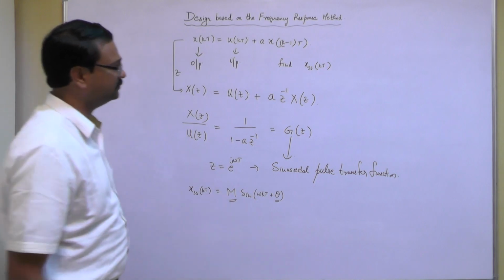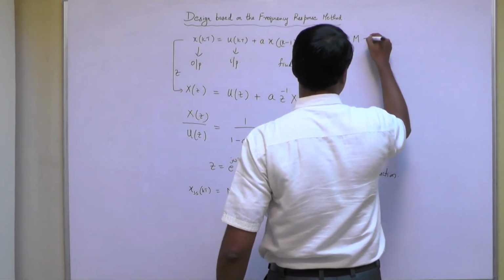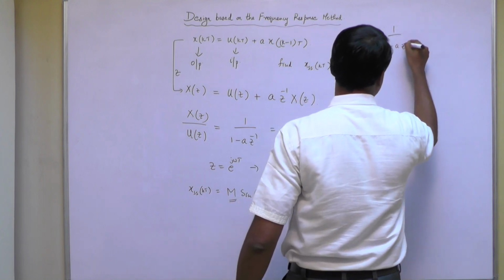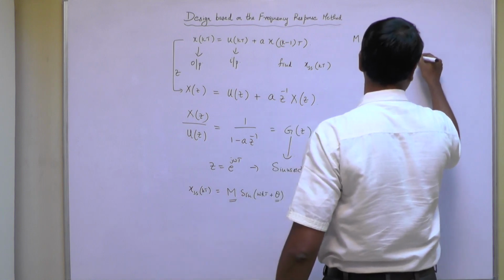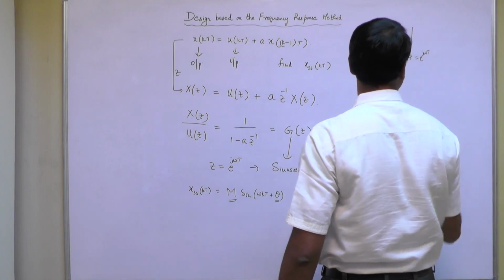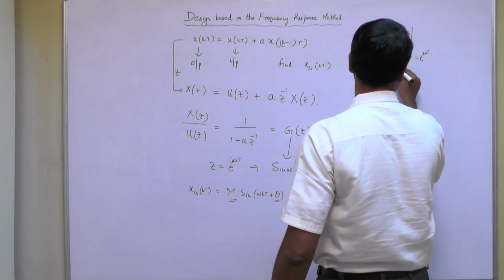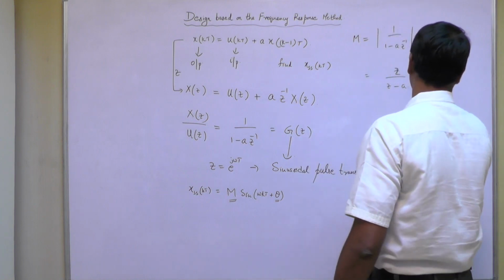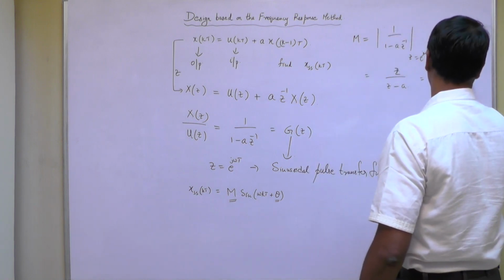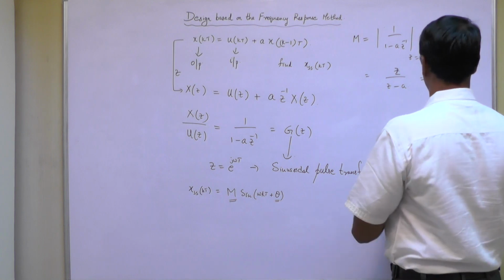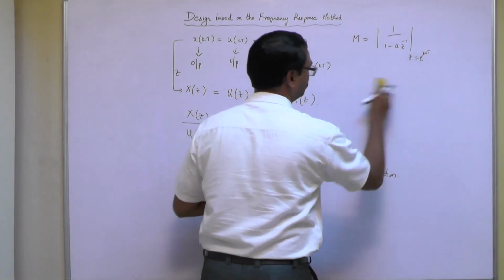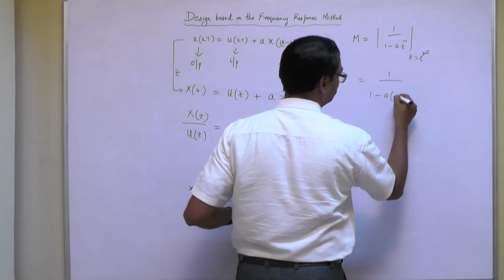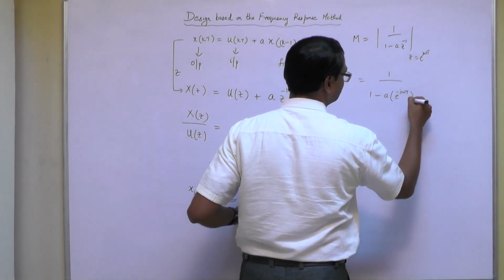So what is m here? M is equal to the modulus of 1 by 1 minus a z inverse when z is equal to e power j omega t. Right. Or you can also call this z by z minus a, or you can simply put it directly as 1 by 1 minus a into e power minus j omega t, isn't it?